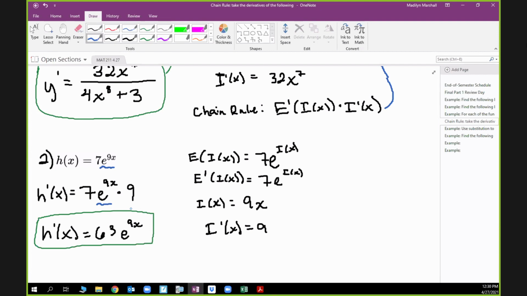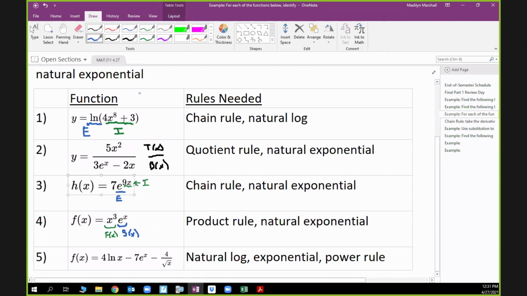Those are the only two chain rule problems that I prepared, but I'm happy to do more if there are requests. You can think of one. That's good. The other question is, we have 5 derivatives here.